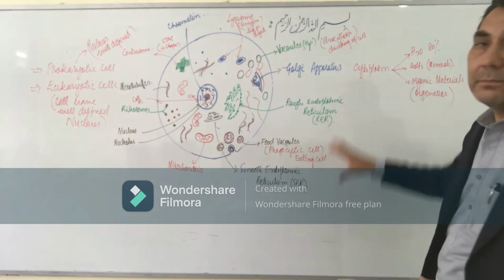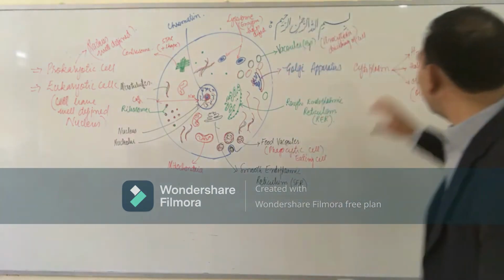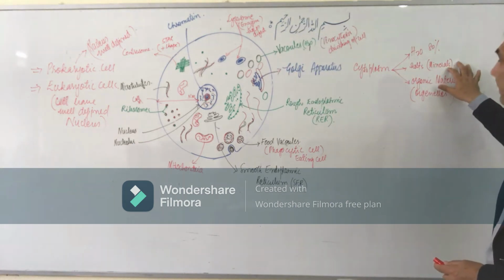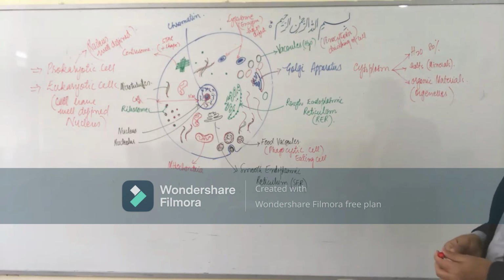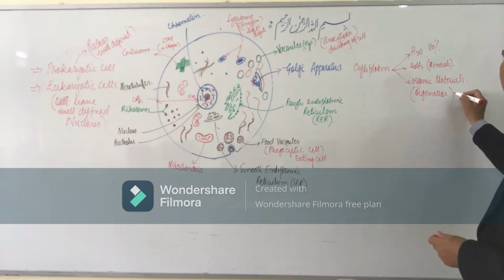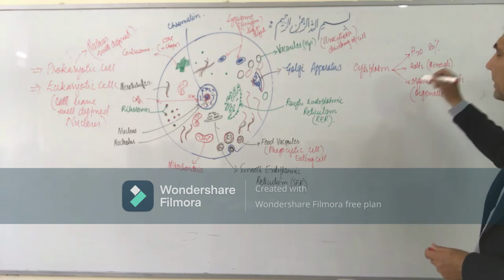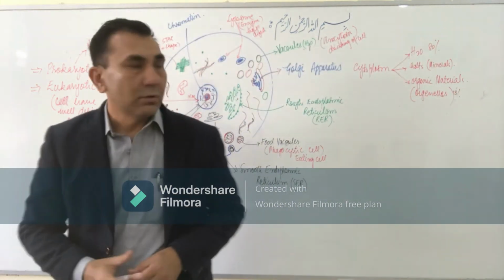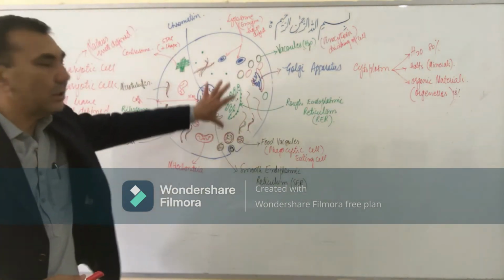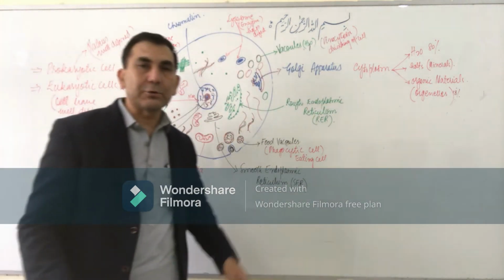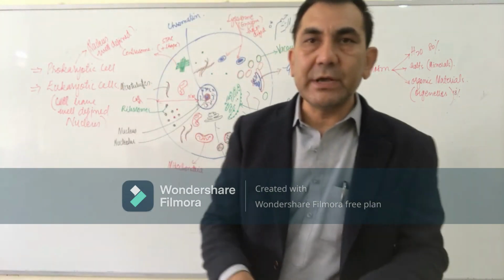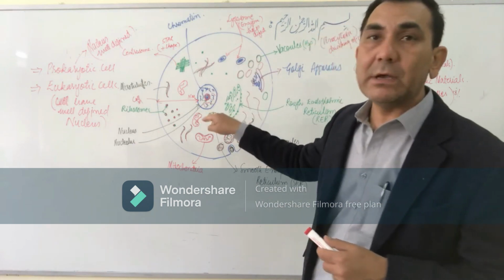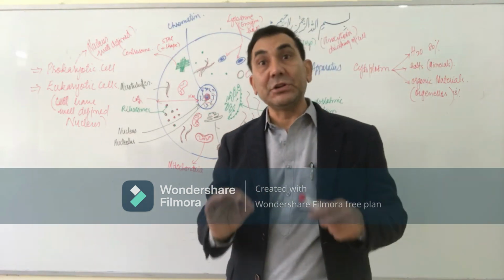The composition of the cytoplasm is about 80% water, around 1 or 2% salts or minerals, and 18 to 20% organelles. The different types of organelles present inside the cytoplasm are what we covered in today's session. In the next lecture we will discuss each and every organelle of the cell in detail.